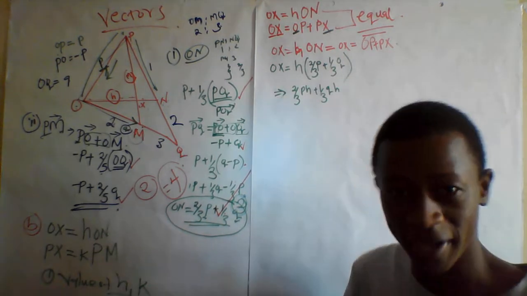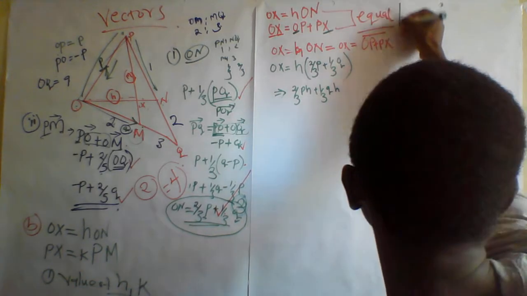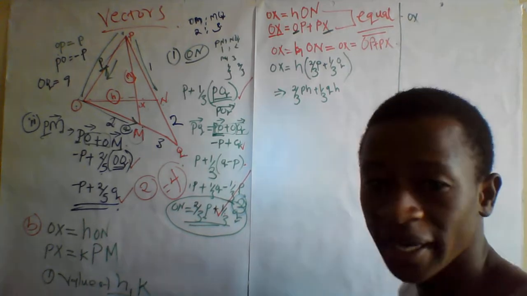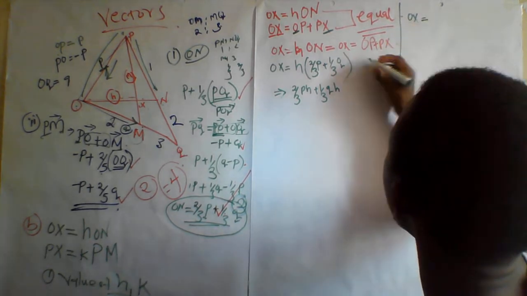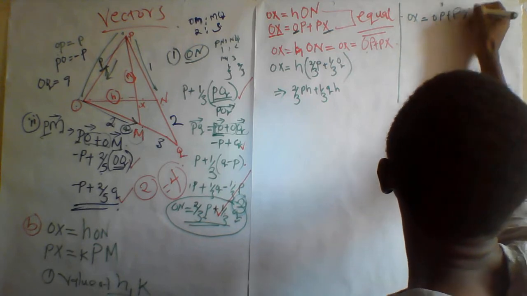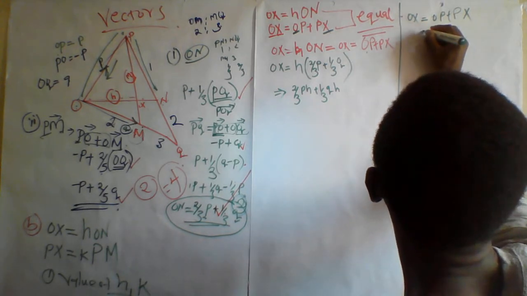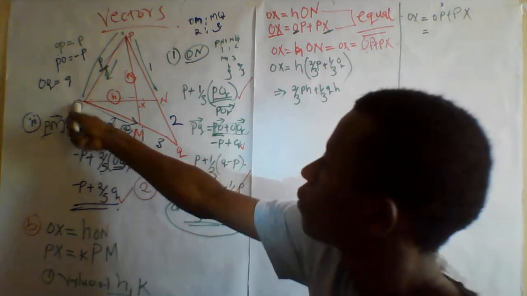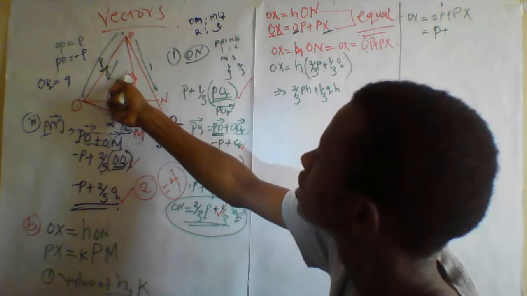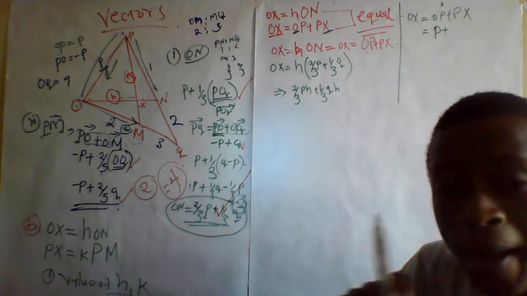Already you have OX. Let's come here and look for the other OX, that is OP plus PX. OP is P, plus PX. Remember we were given PX.